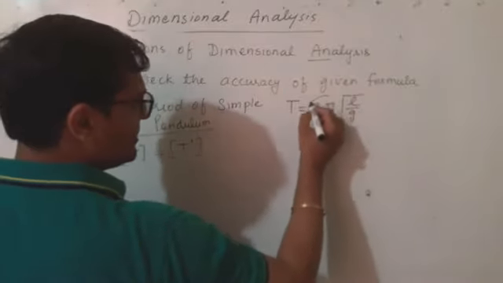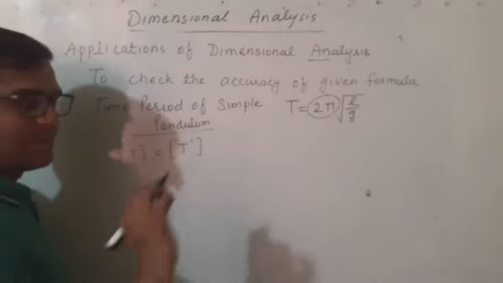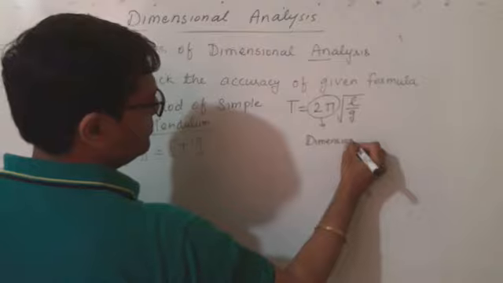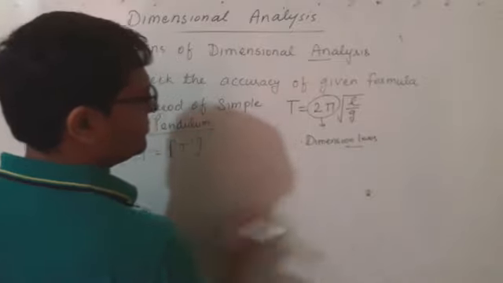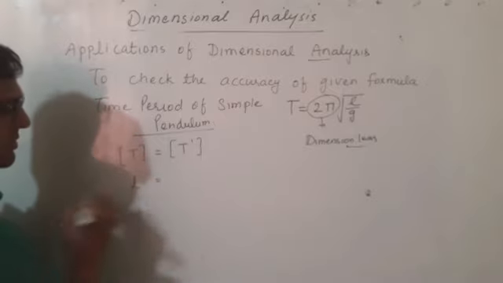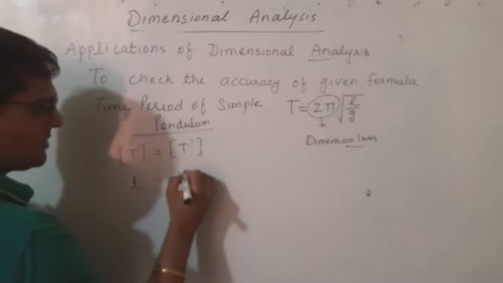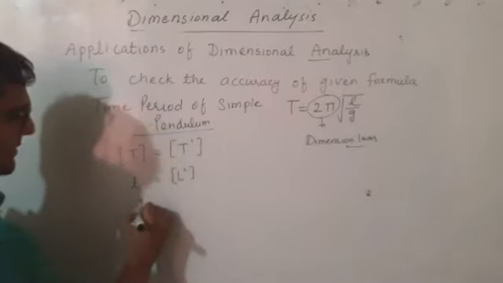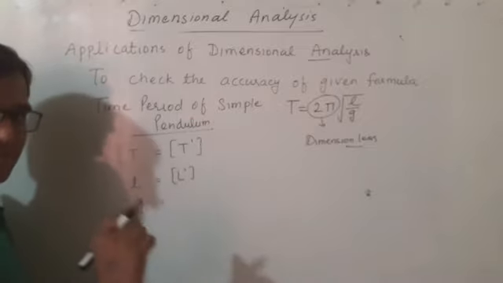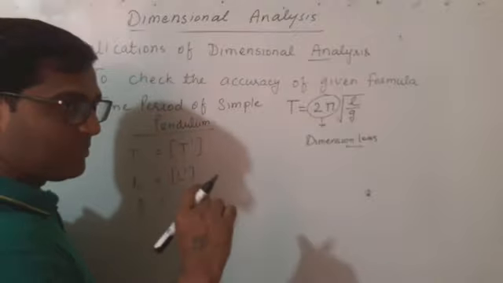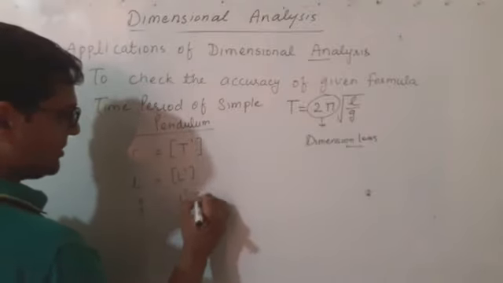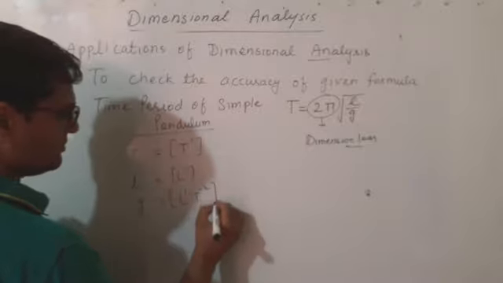In the right hand side, 2 pi is a constant, that is dimensionless. The dimension formula for L is L^1. The dimension formula for g is acceleration due to gravity, having unit meter per second square, so it is L^1 T^-2. Fine.